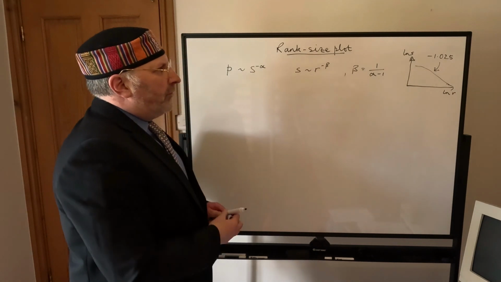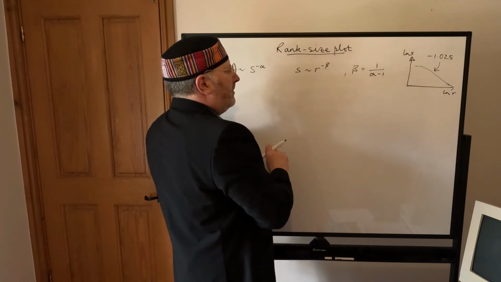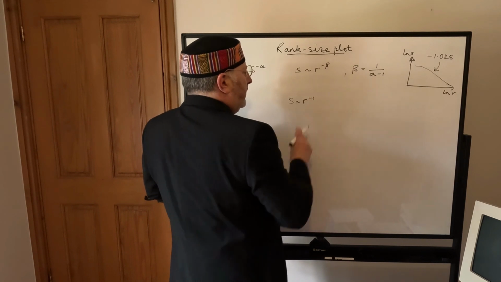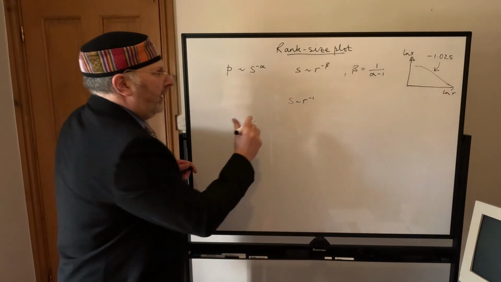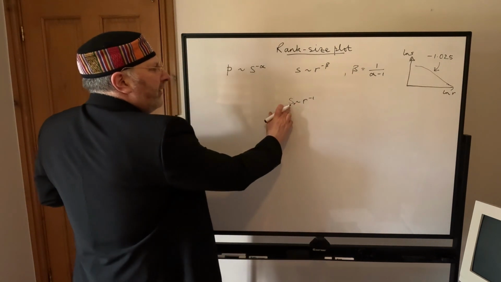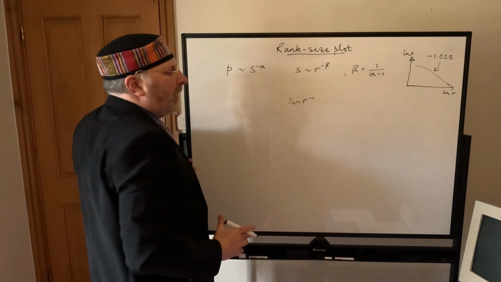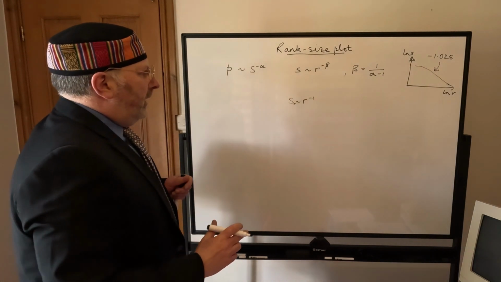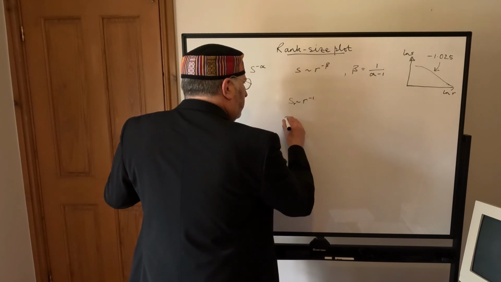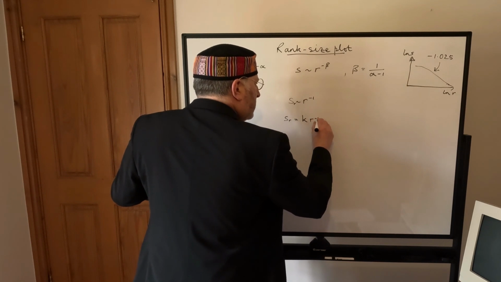So that is Zipf's law in the strictest sense, that it's not just S is proportional to R to the minus beta, but S is proportional to R to the minus 1. And we can put a little subscript there, so S_R. So the size of the item ranked R is proportional to R to the minus 1. And so we could say that S_R equals some constant K times R to the minus 1.